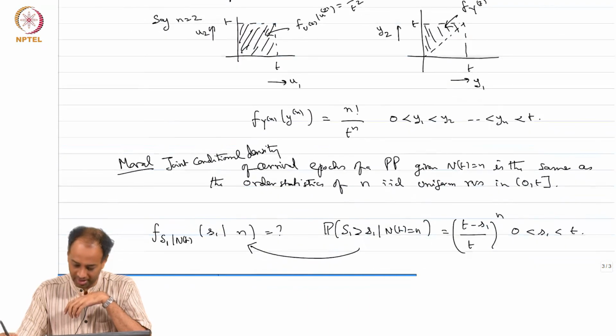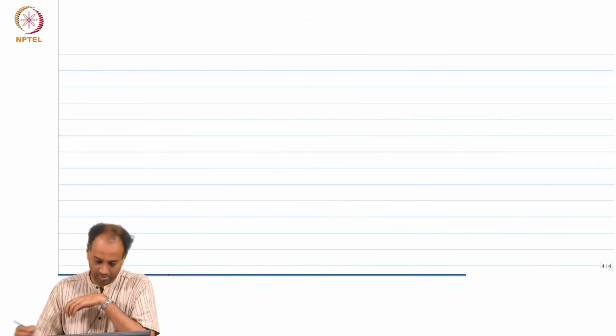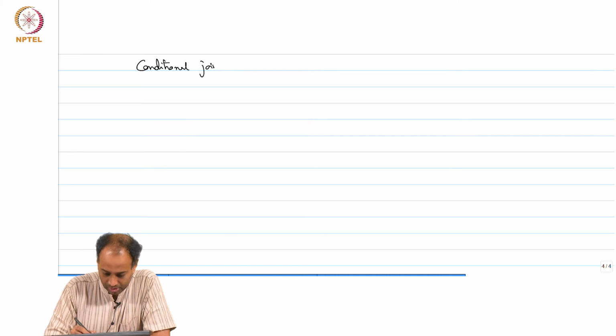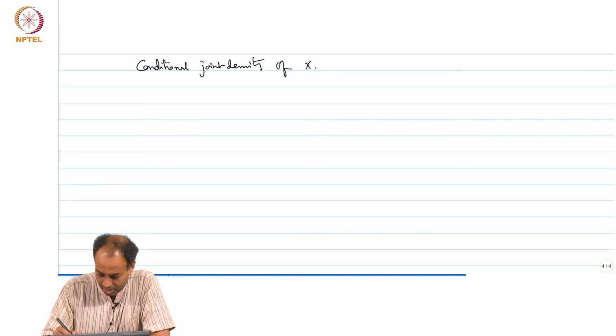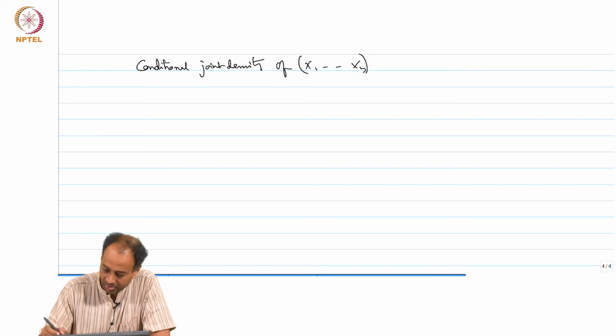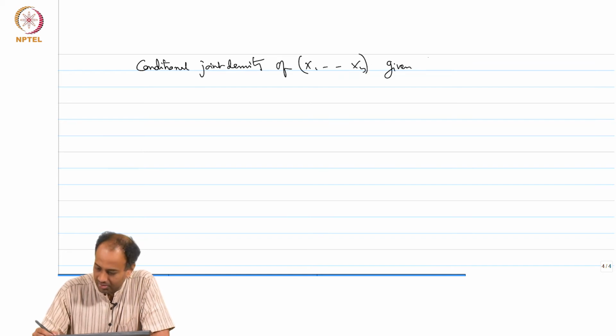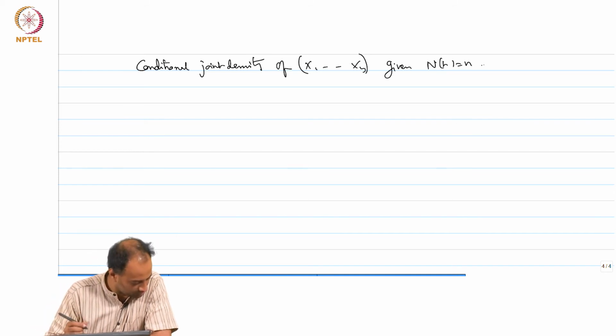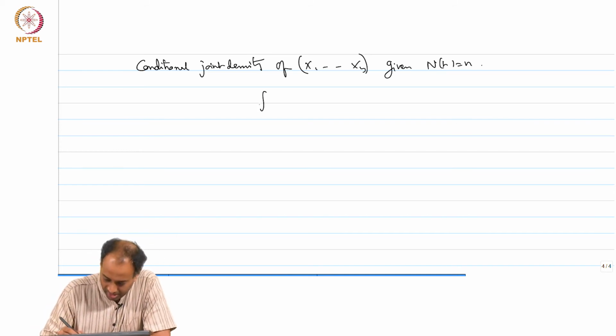So you can also get the conditional joint density of X1 through Xn given N(t) equal to n. This will just turn out to be f of Xn given N(t).